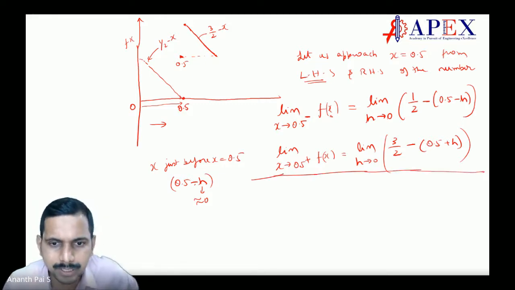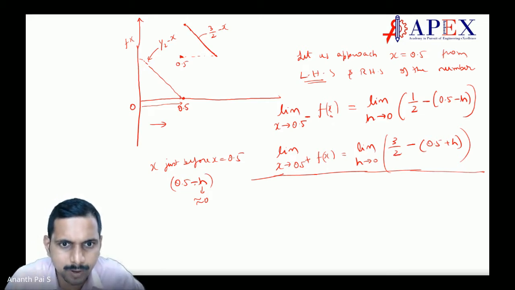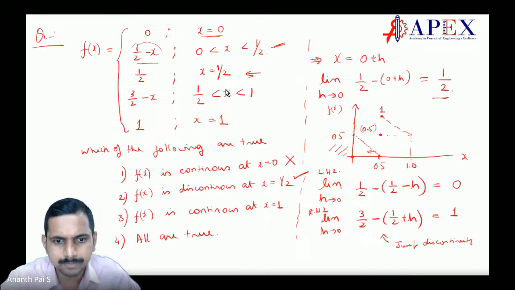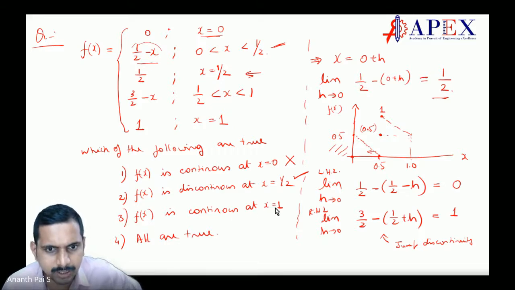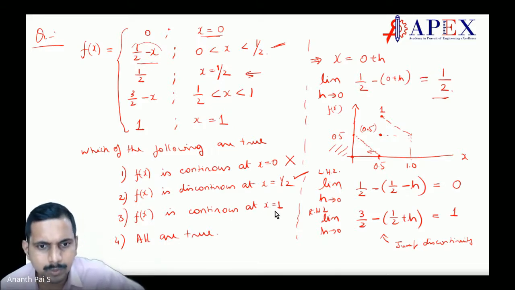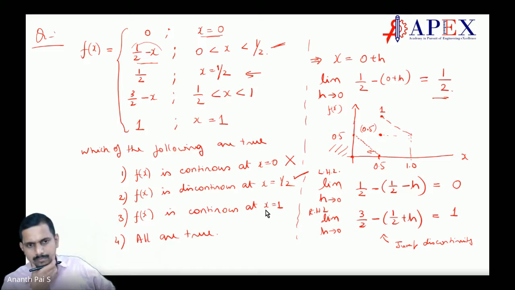Fine. Next, what about at x is equal to 1? We have not completed this. Is this correct? F of x is continuous at x is equal to 1. What about this? Is it continuous or discontinuous? Continuous. For x greater than 1, the function is not defined, sir.